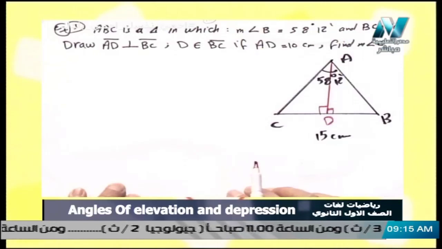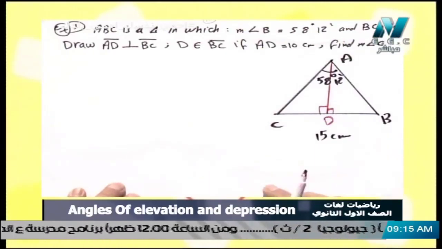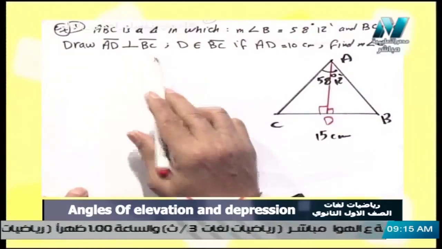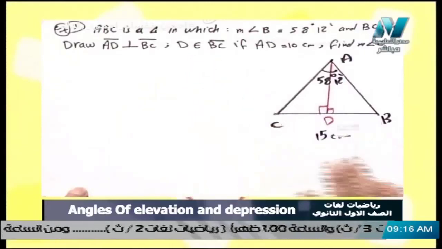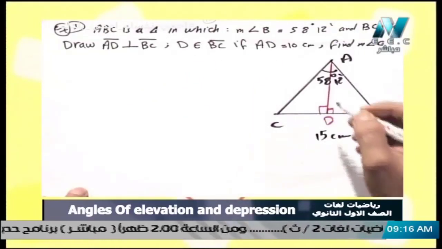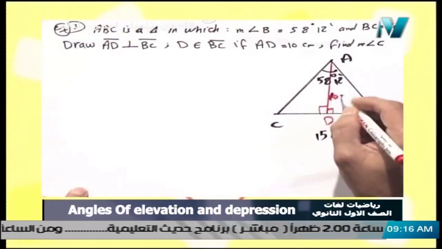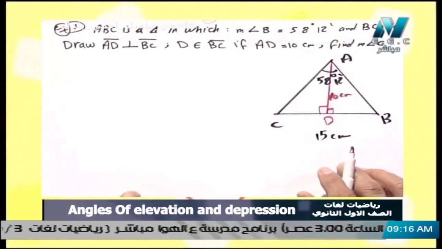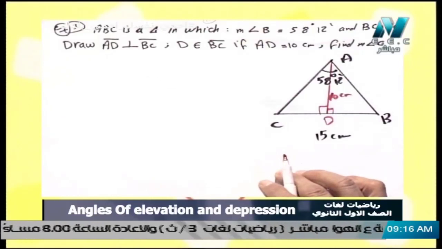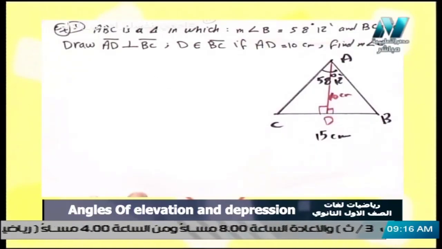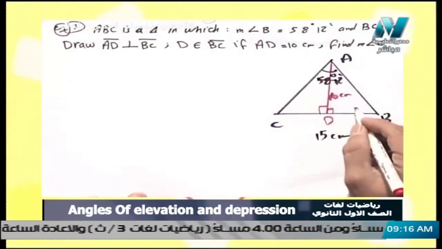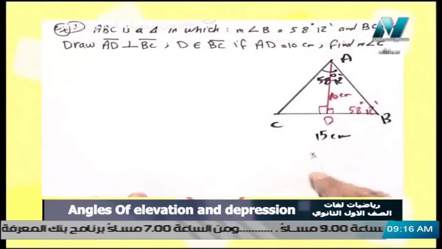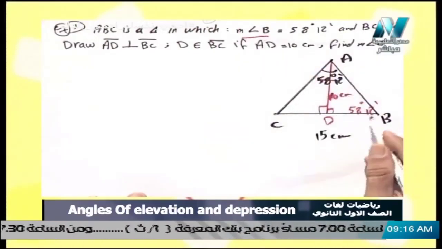Okay, BC here is 15 centimeters, and AD is perpendicular to BC, as he said, D belongs to BC. Here AD equals 10 centimeters. So we have the angle B here equals 58 and 12, not the angle A. The measure angle B equals 58 degrees 12 minutes.